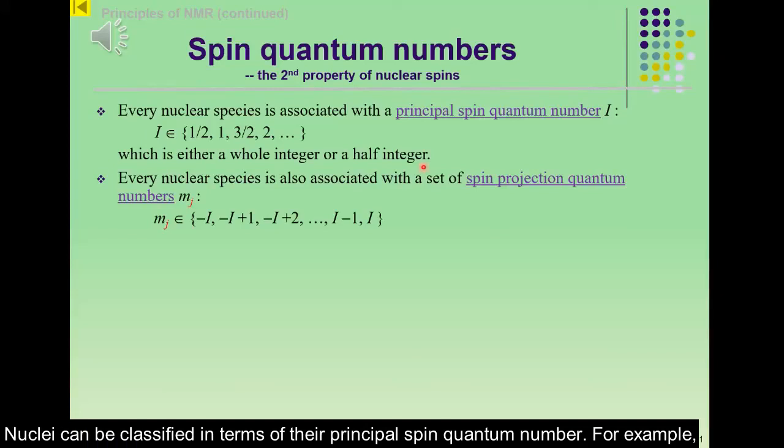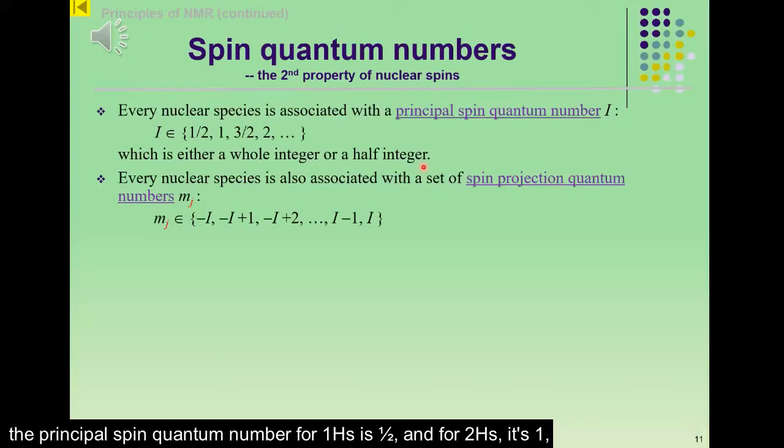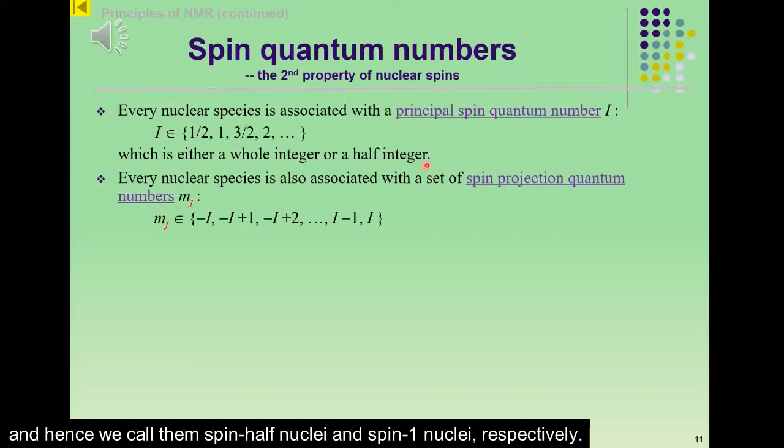Nuclei can be classified in terms of their principal spin quantum number. For example, the principal spin quantum number for 1H is a half, and for 2H is 1. And hence we call them spin half nuclei and spin 1 nuclei, respectively.